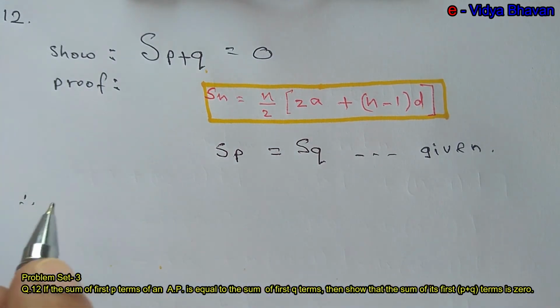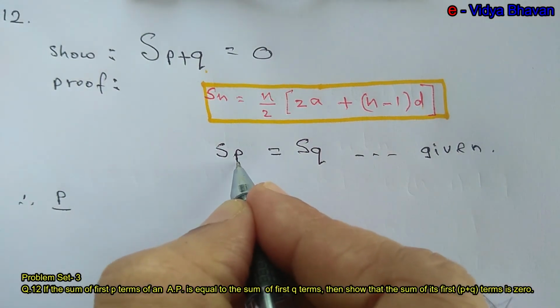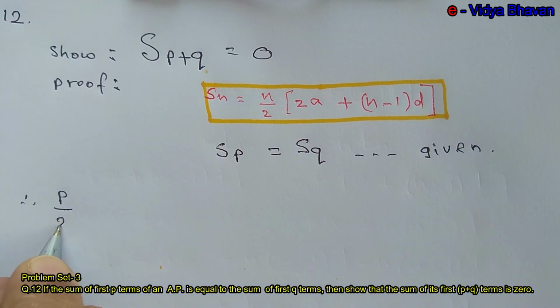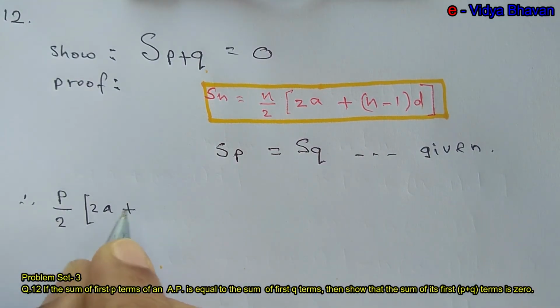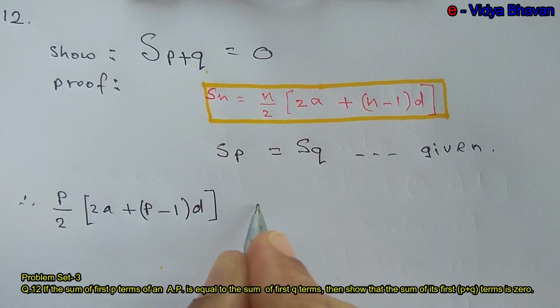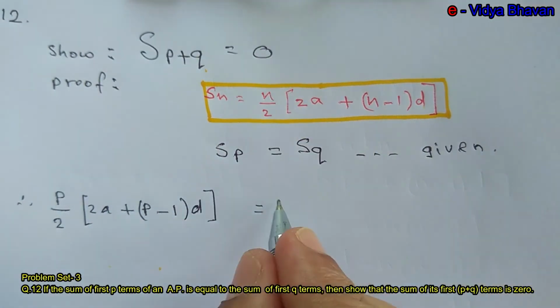Therefore, n will be here P and n will be Q in the formula. So here first we'll take P upon 2a plus n will be P here. Q here.